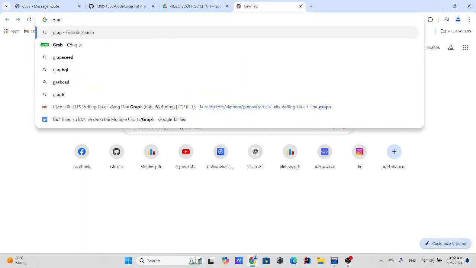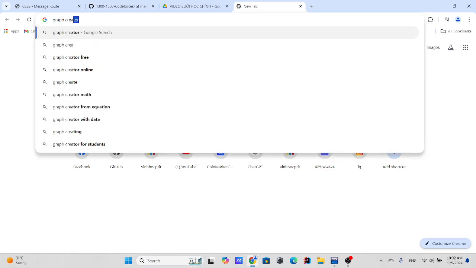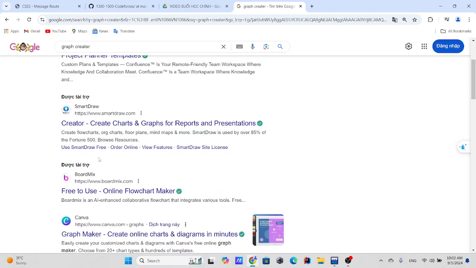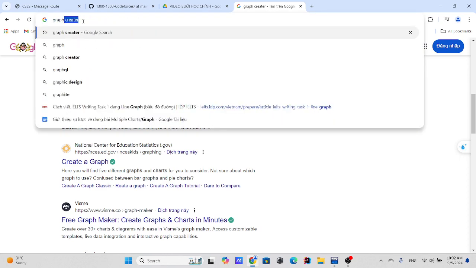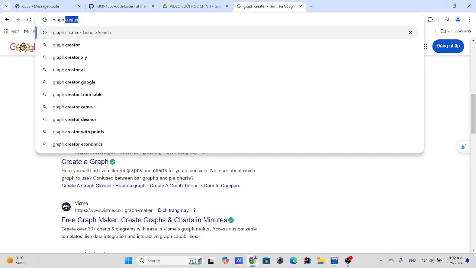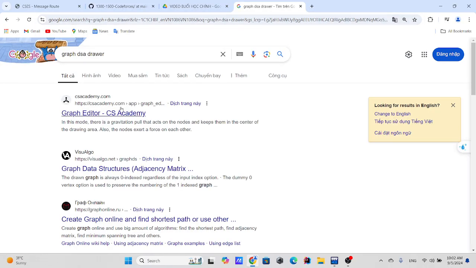Okay, graph creator. What is that? Graph draw. Yeah, it's a graph editor.